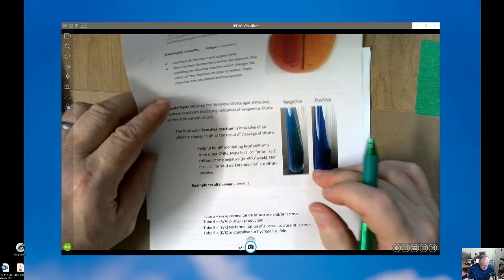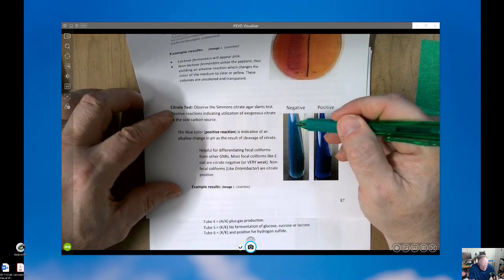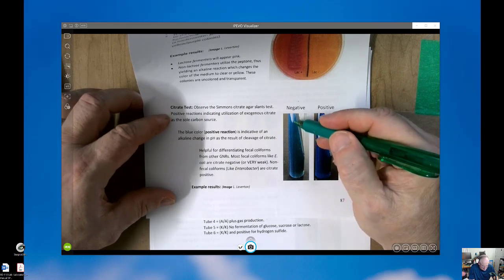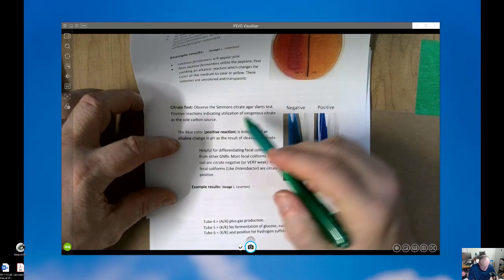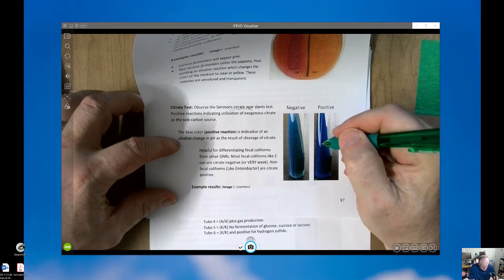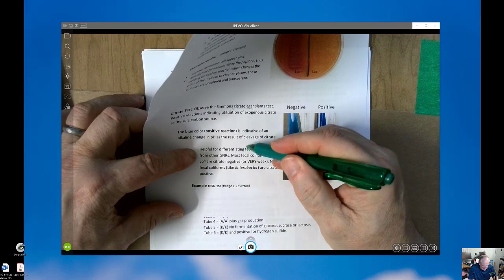The citrate test, as I already mentioned, the negative test is sort of a green. So citrate is always this kind of turquoise greenish color. Positive reaction is blue. So when that happens, obviously the citrate is being broken down as a sole carbon source. Really straightforward. It's useful.